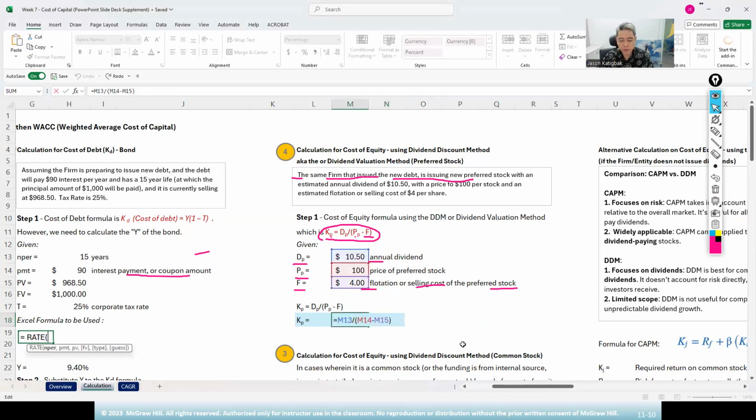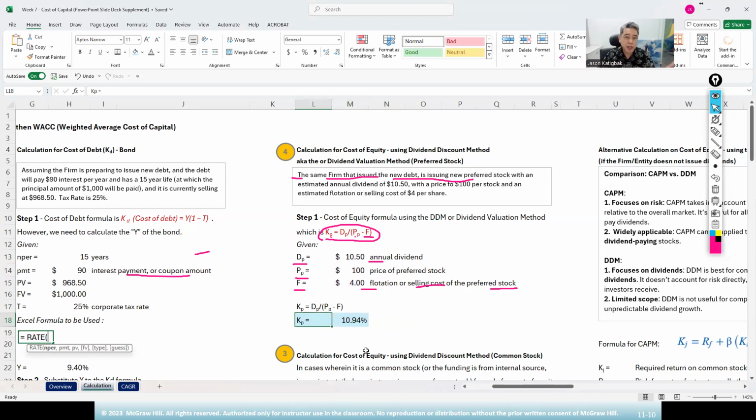So 10.5, the annual dividend, over the difference between the $100 preferred stock minus $4. So your cost of equity under preferred stock is 10.94.